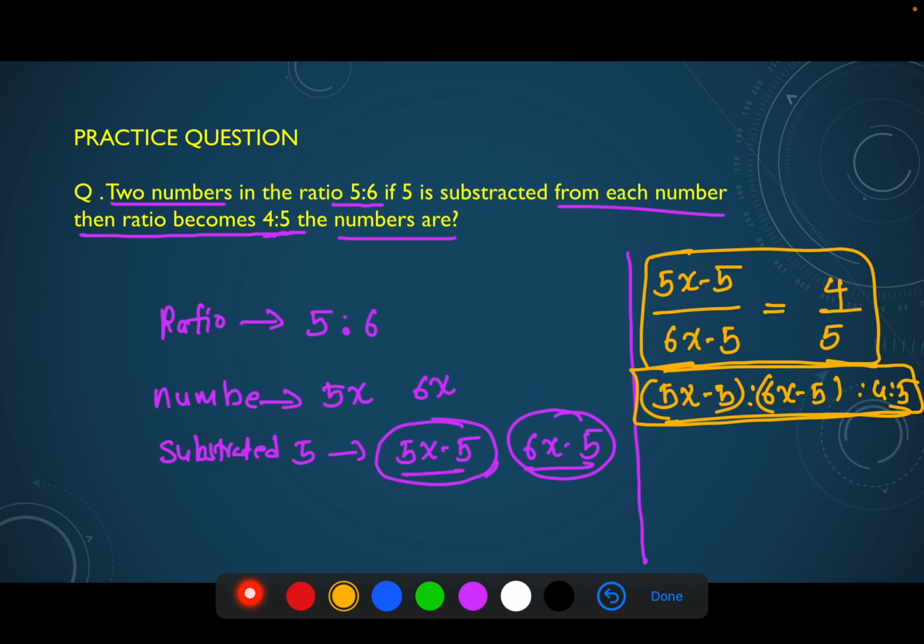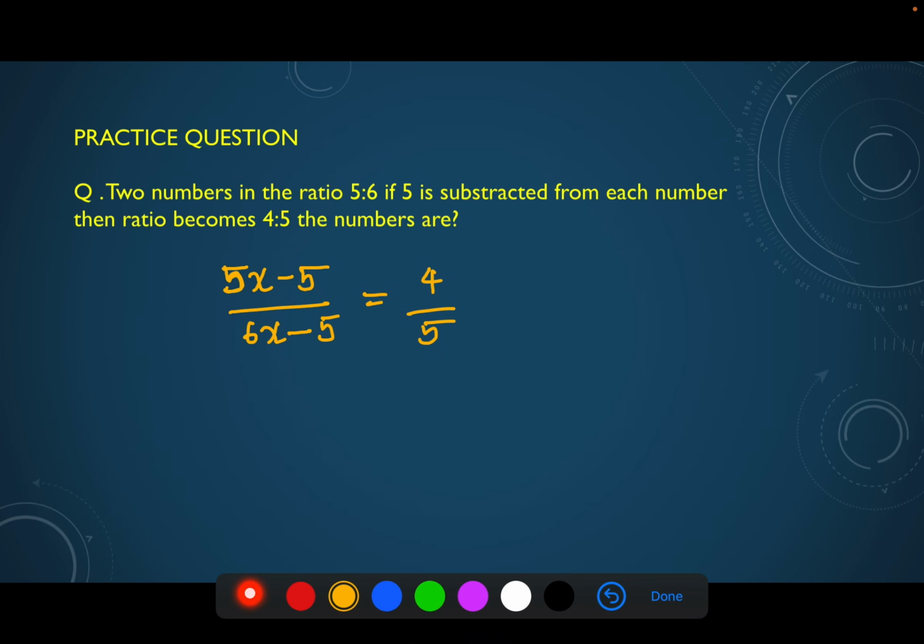When we solve this, you can solve it by cross multiplying. 5 times (5x minus 5) equals 4 times (6x minus 5).